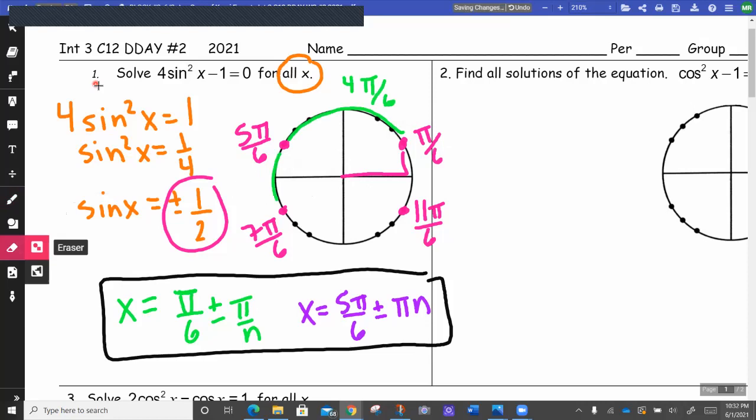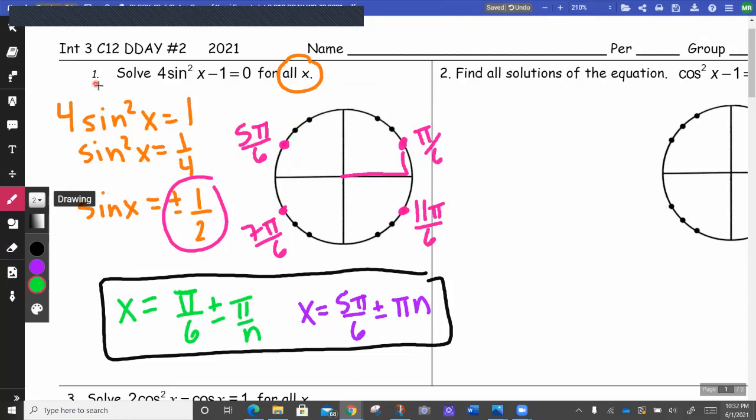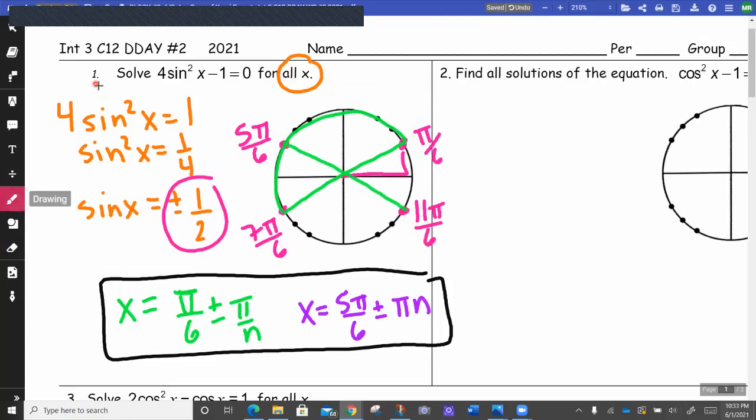But as I showed, I can add pi, which is 6pi/6, to my pi/6, and you see that's half of a semicircle, so that's going to be pi away. And I can do the same. Whoops, I'm just going to change the color. Same from here to here. If I add pi, which is half of a semicircle, you see I end up in the same spot.